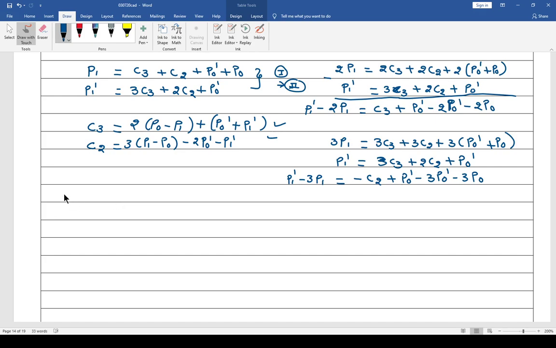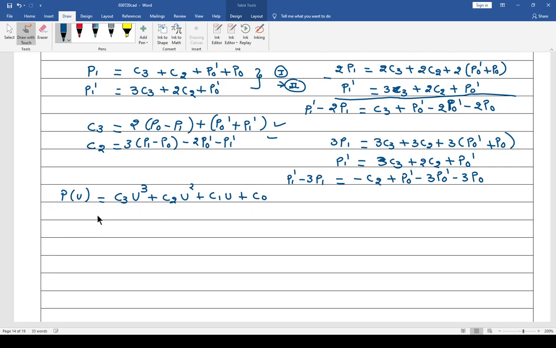So now my P of U is equal to C3 U cube plus C2 U square plus C1 U plus C0.